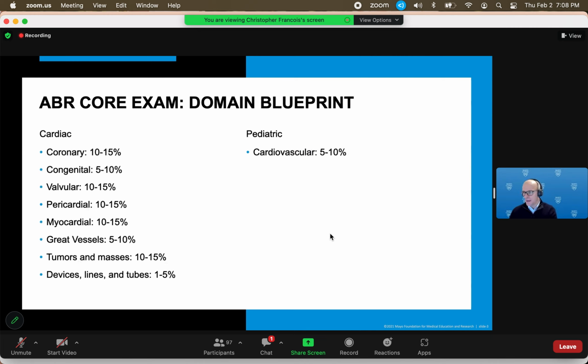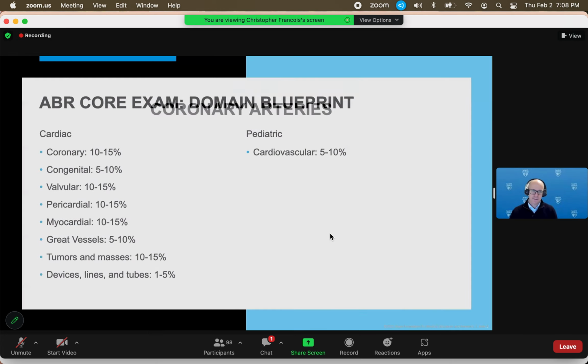And then, within each of these sections, they break it down in terms of what percentage of the overall cardiovascular section is going to cover these various topics. And so I try to include a mixture of cases from these areas, again, focusing on the heart.